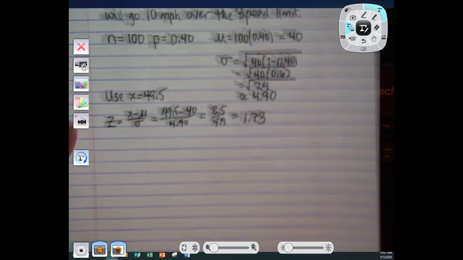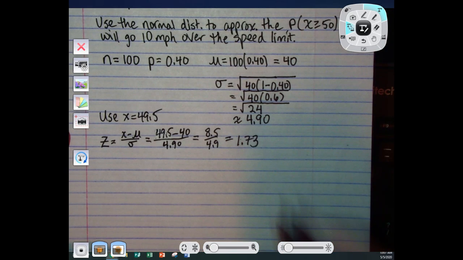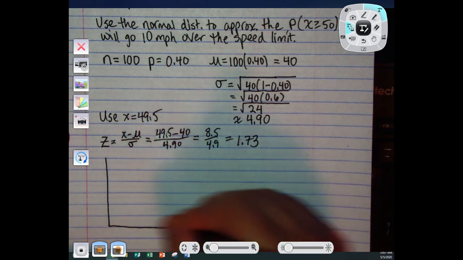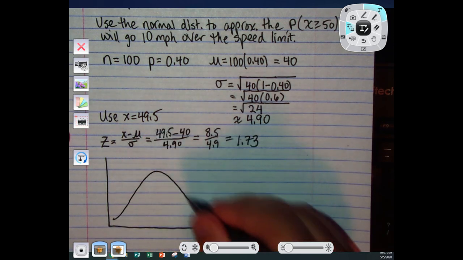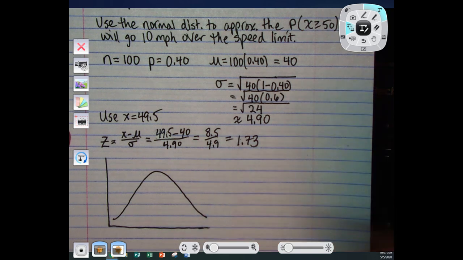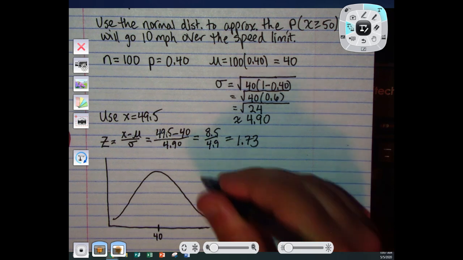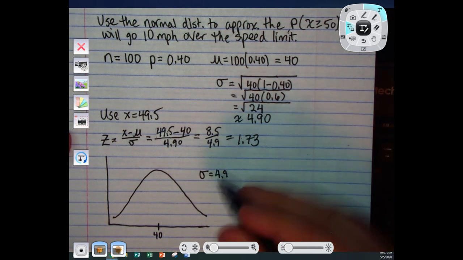Now, pay attention to the inequality. Because it's greater than, if I look at the curve of this situation, we know our mu is 40 and our standard deviation is approximately 4.9.